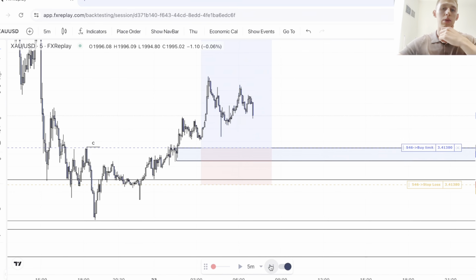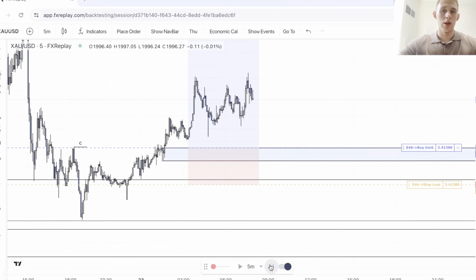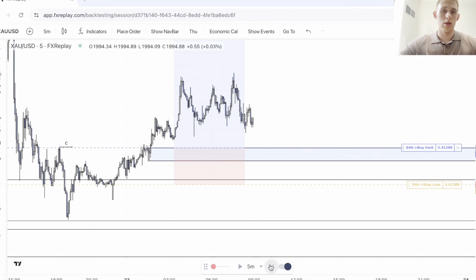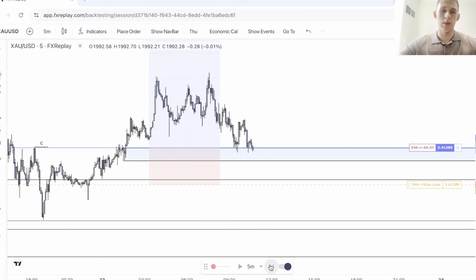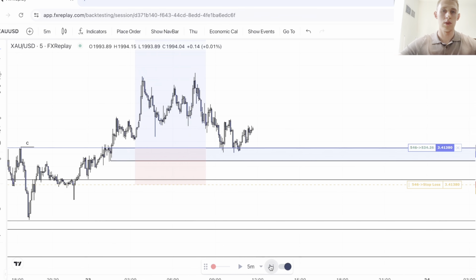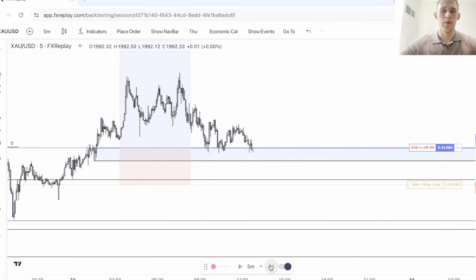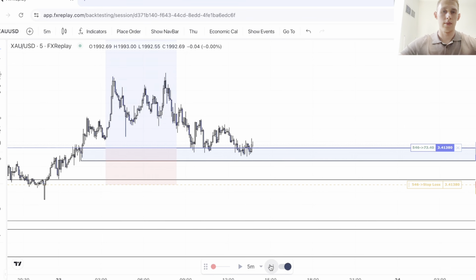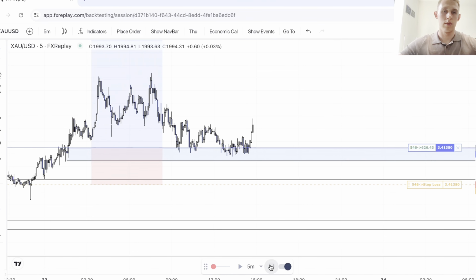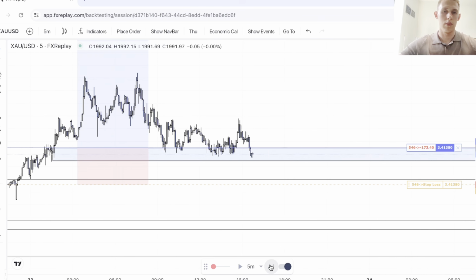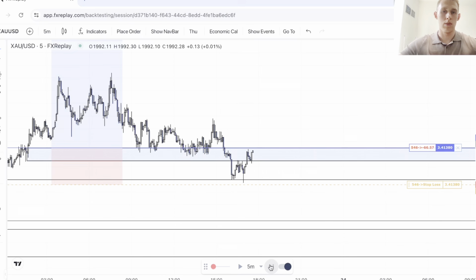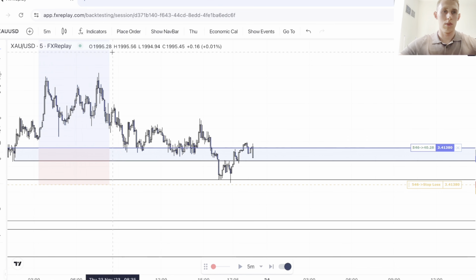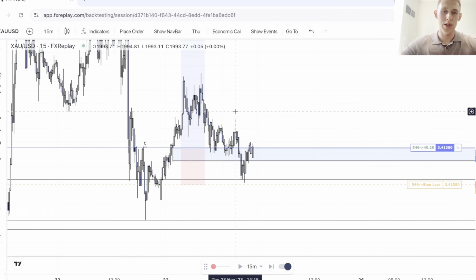This is still valid at the moment, so I'm going to keep it. There we go, tagged in. Very close to stop loss.